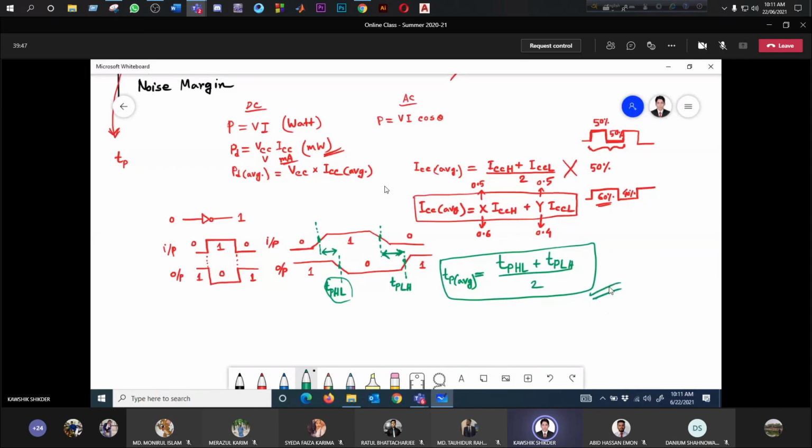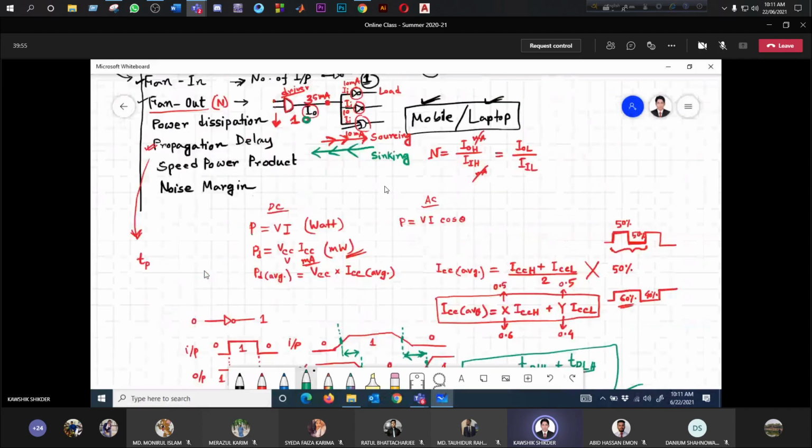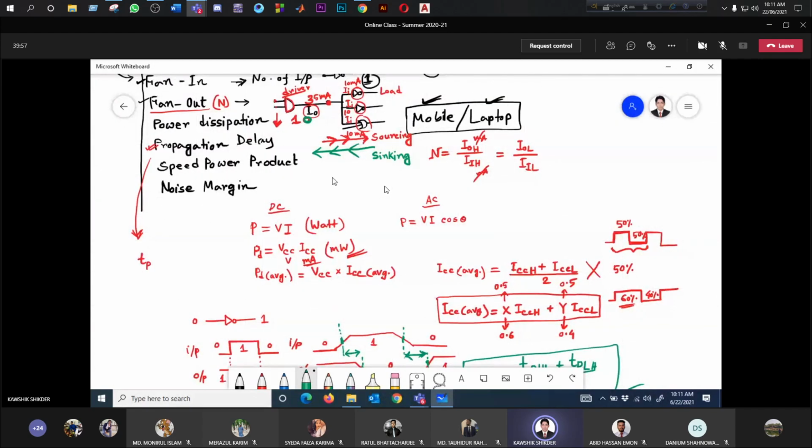Now let me know, should the TP average, or propagation delay, be minimum or maximum? For the previous one, the power dissipation should be minimum, and we know the reason why we prefer the minimum value. Now what about the propagation delay? It should be minimum, because the faster the better. If it takes maximum time, is it faster?